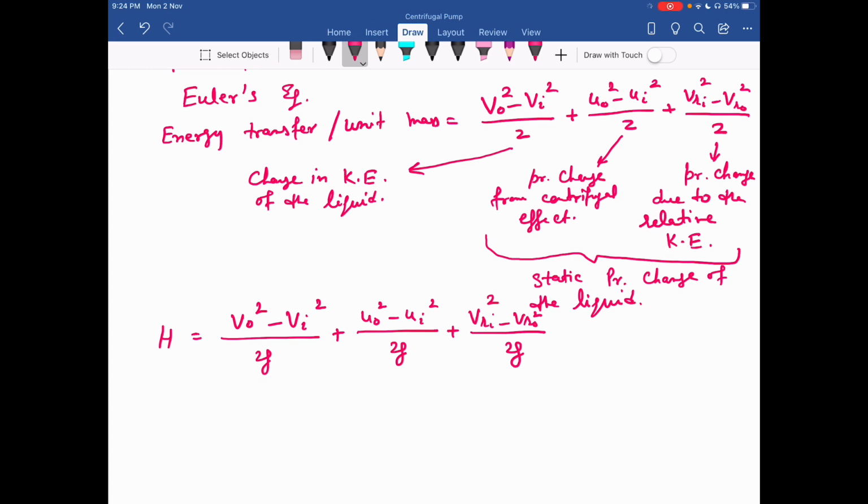So I simply write this H as equal to (Vo² − Vi²)/2g + (Po − Pi)/ρg.